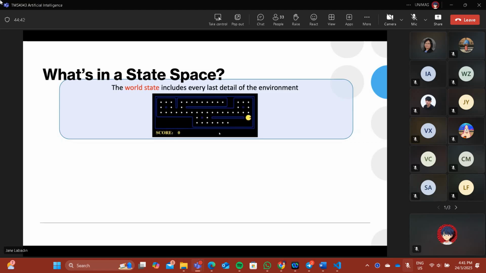There's a difference between world state and state space. The state space would be a subset of the world state, because the world state will include every last detail of the environment, everything.